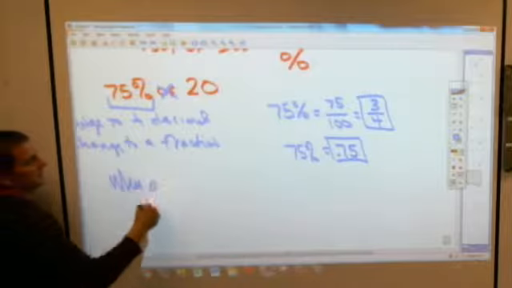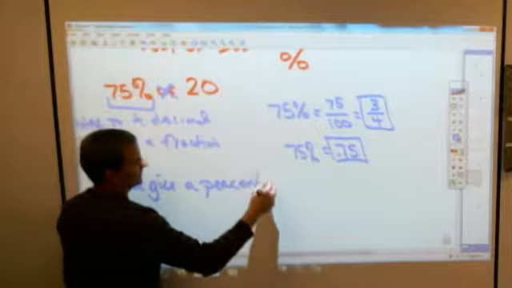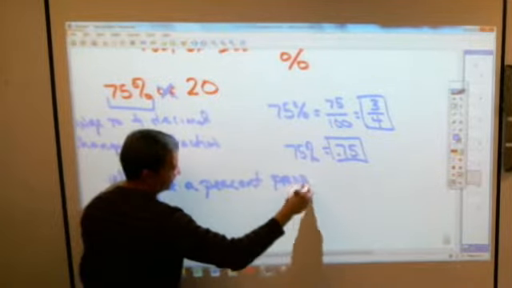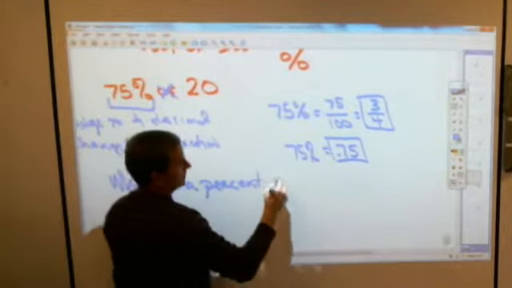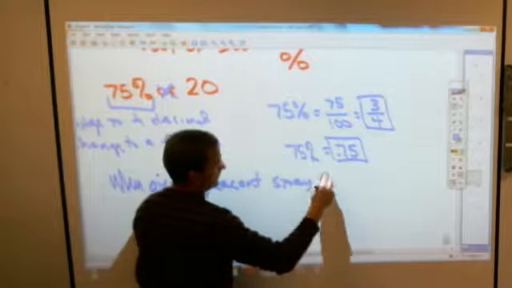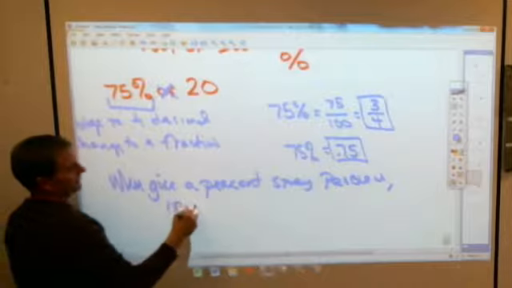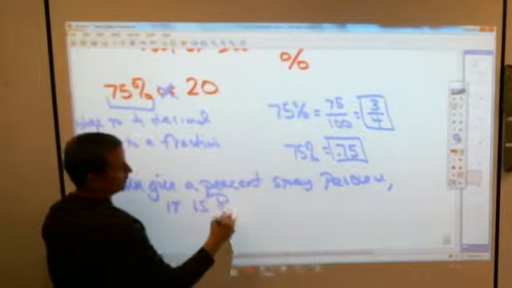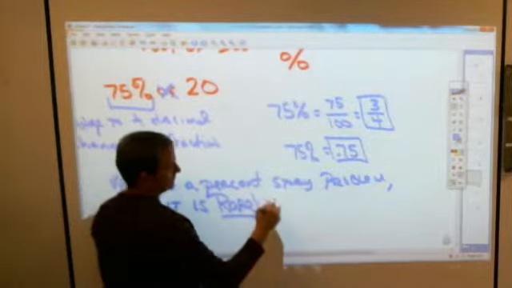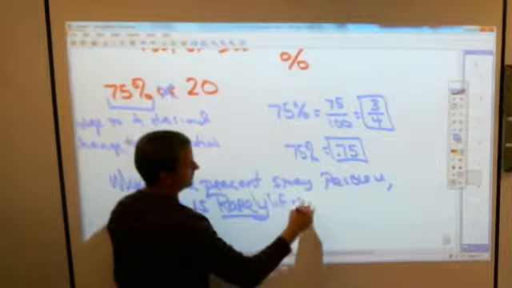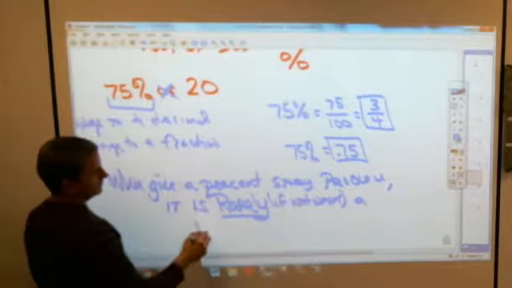When given a percent story problem, it is rarely, if not never, a division problem.